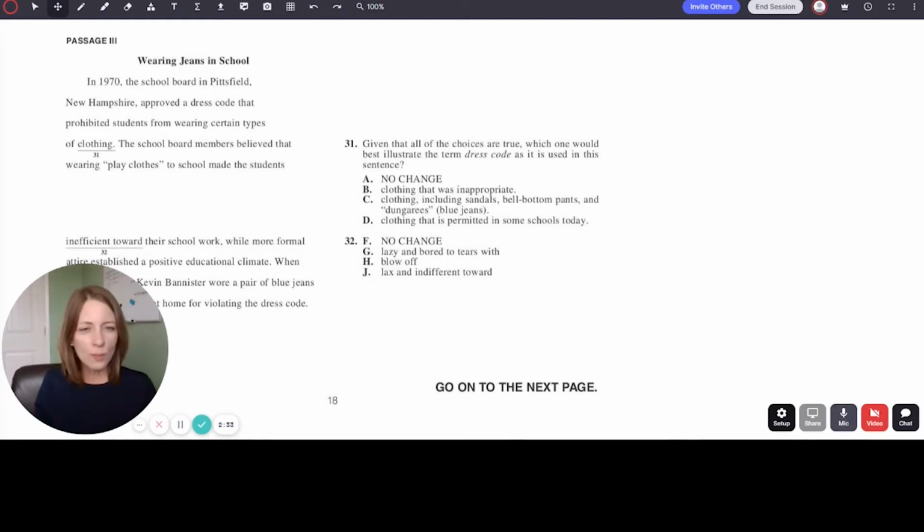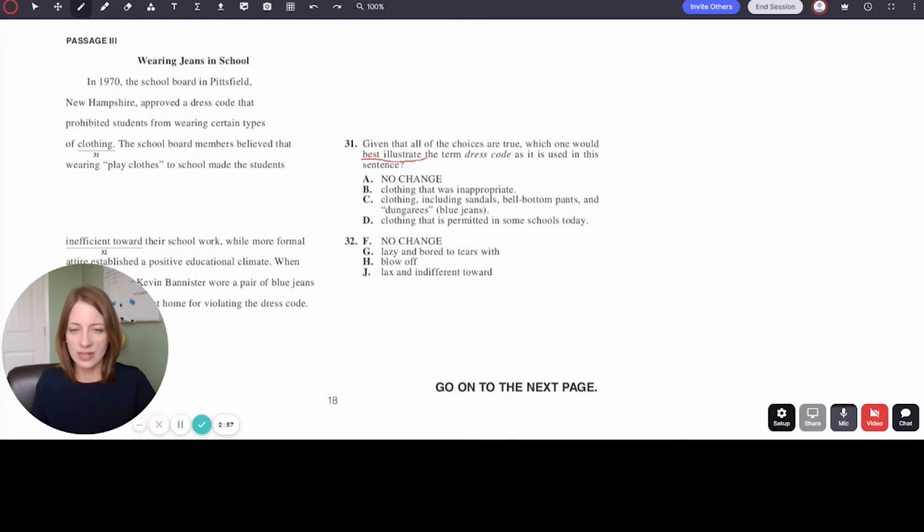Okay, so it seemed just like that first one, clothing, just from the get-go felt very vague. But given that all of them are true, which one best illustrates the term dress code as it's used in the sentence?